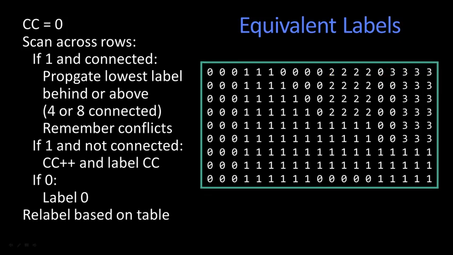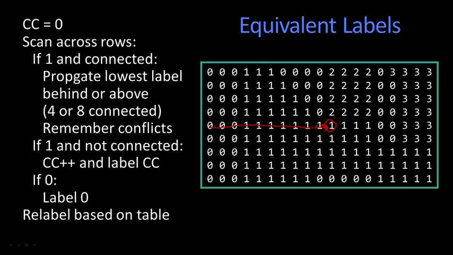The reason that this one is listed as a 1, even though you've scanned it, is it's connected to the one above it. You say, oh, I'm connected, so I'm a 1. Likewise, when I get over here, it's connected to the one above it. So these are all labeled as 1s, 2s, and 3s. But you see where it says here, remember conflicts? As I'm going through, when I'm labeling this pixel, I now have a conflict.